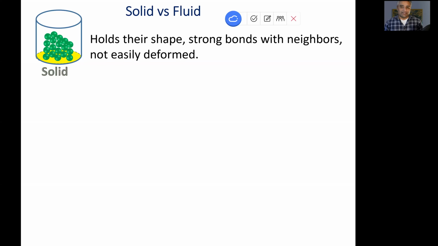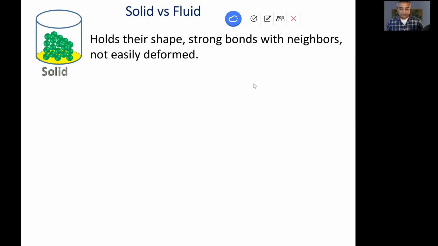The only difference is how tightly the molecules are binding each other, how strong the force between the molecules is, okay? In a solid, the forces are strong, so molecules cannot slide or move.